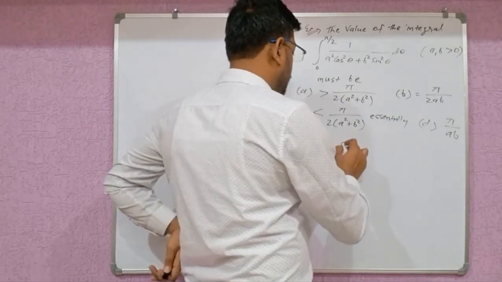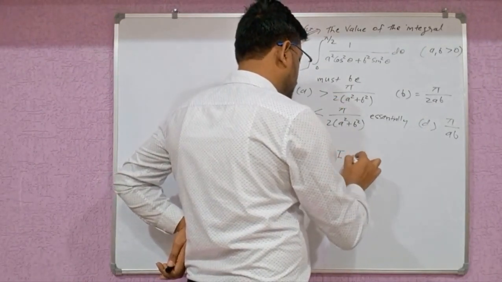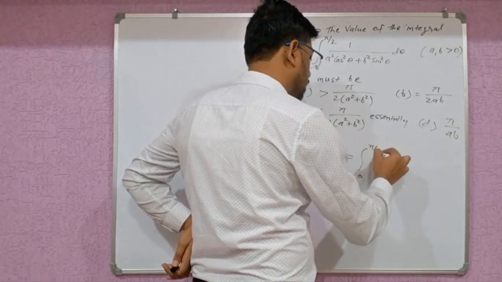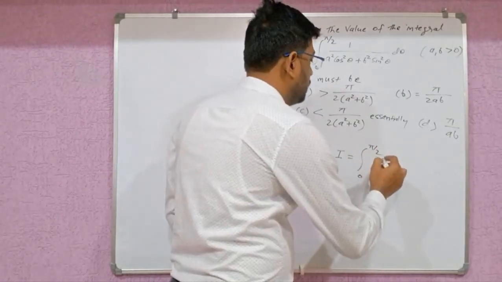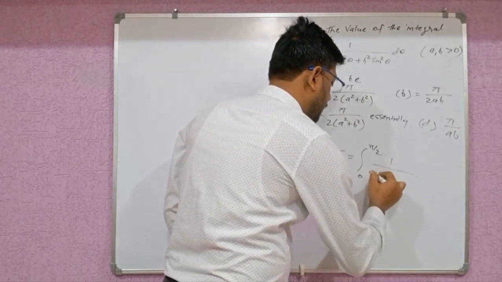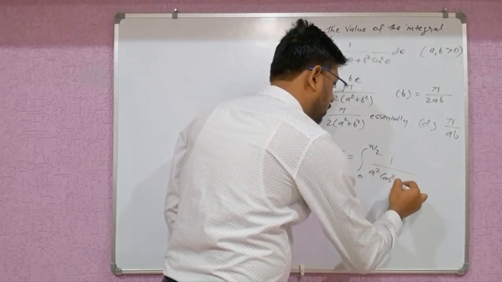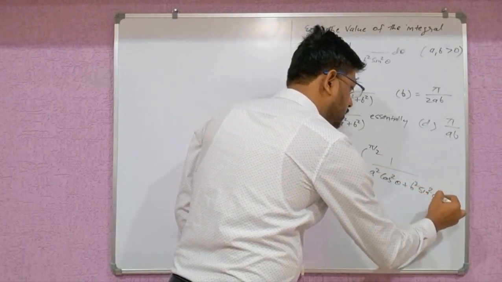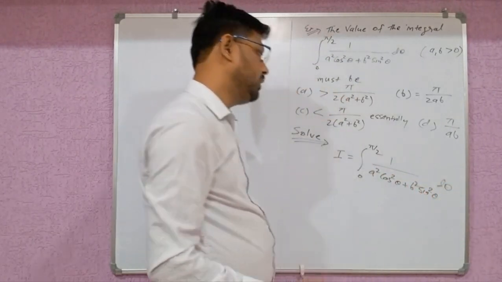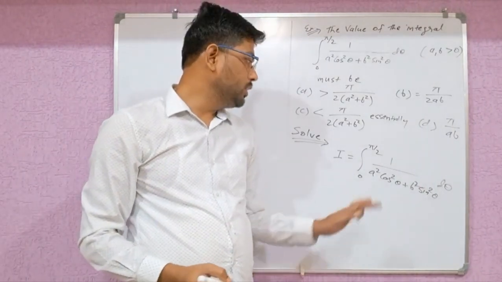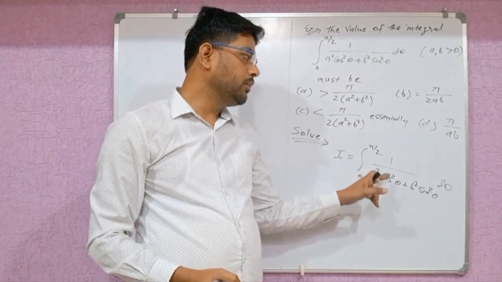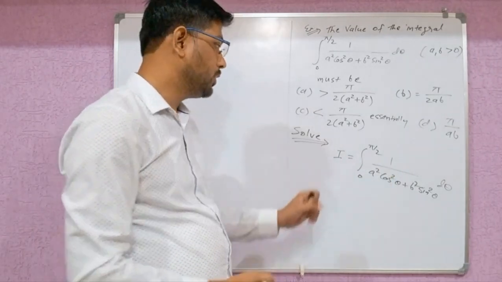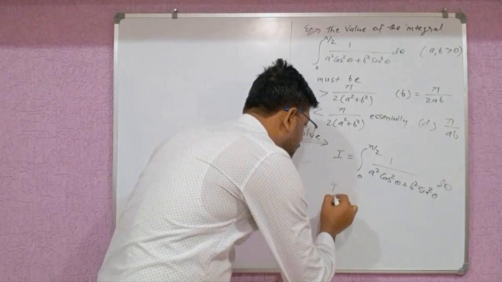So here we have given, let's take this I is equal to integration 0 to pi by 2, 1 by a square cos square theta plus b square sin square theta d theta. Okay, now to find this, what we can do, we can divide numerator and denominator by cos square theta.